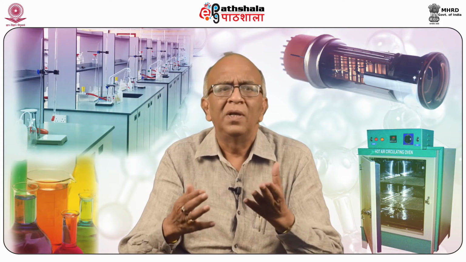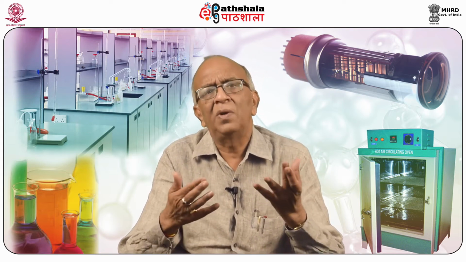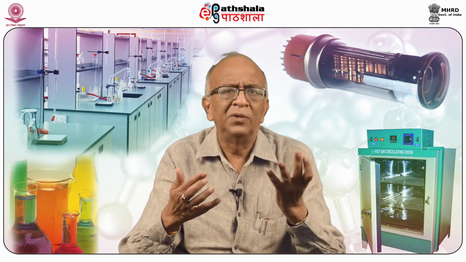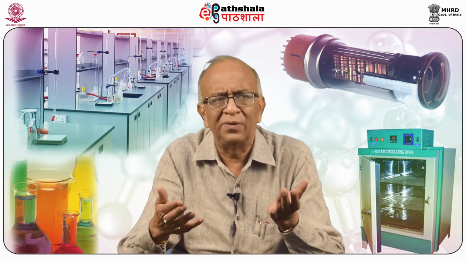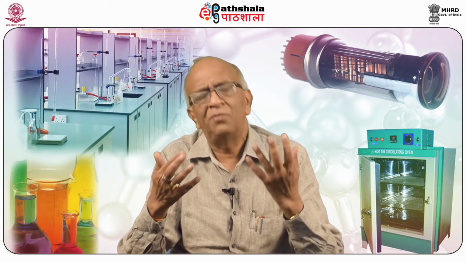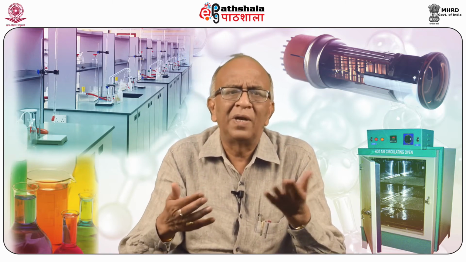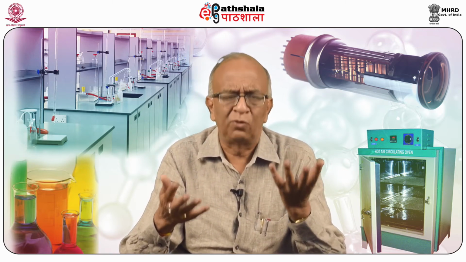For example, the source of electromagnetic radiation in the UV region is different, in the visible region is different, and in the infrared region it may be different, like the glower and Nernst glower.